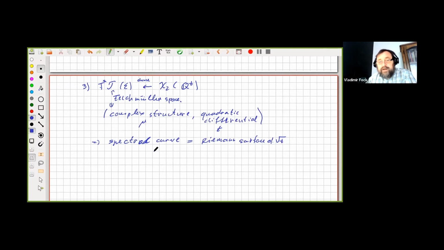So it gives you sigma tilde. This is the spectral curve, a double cover of sigma, and it is equipped with the square root of t, which is now just a one-form. So this square root of t belongs to H0 of our sigma tilde.